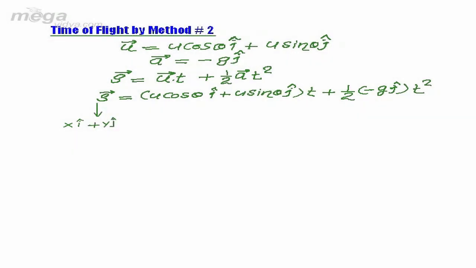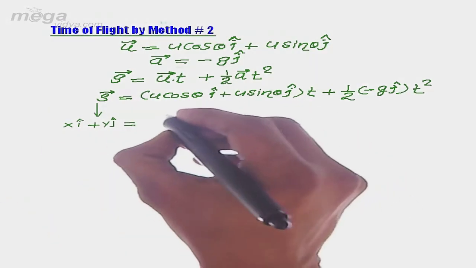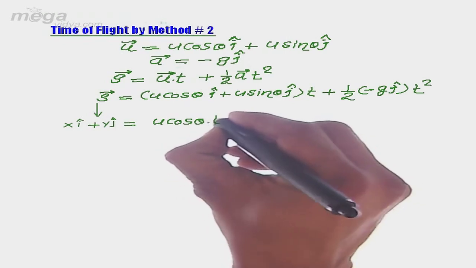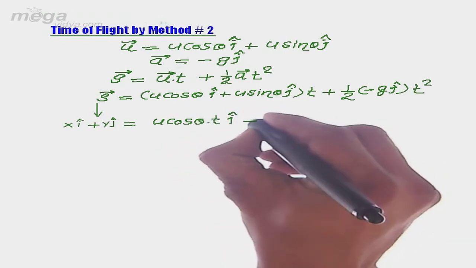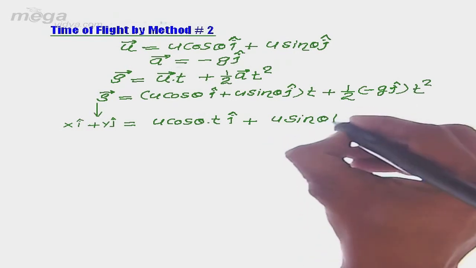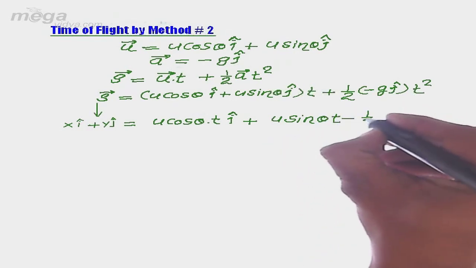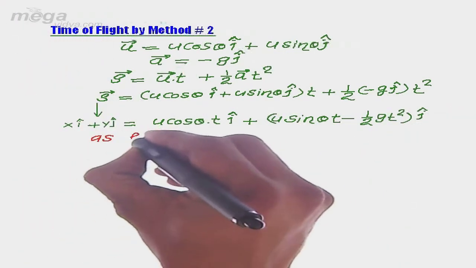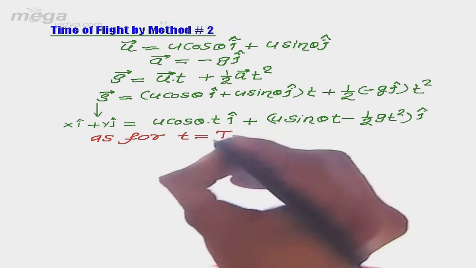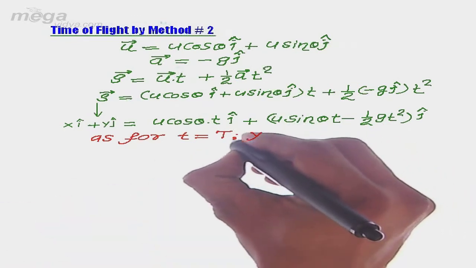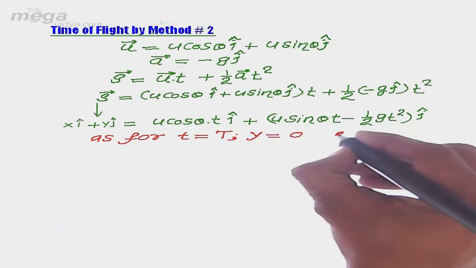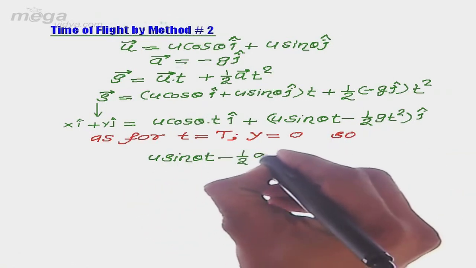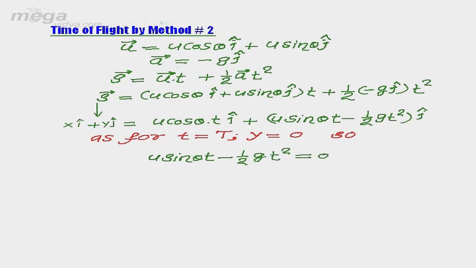So x i cap plus y j cap becomes equal to u cos theta into t i cap plus (u sin theta t minus half g t squared) j cap. Now for t equal to the time of flight, the y displacement becomes 0. So u sin theta t minus half g t squared is equal to 0.